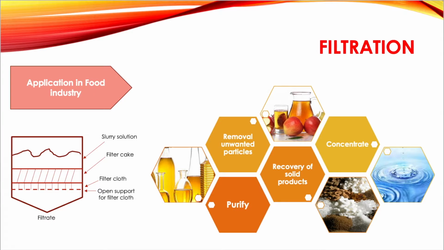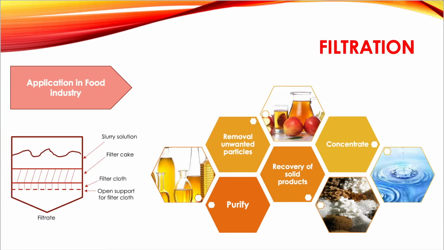So in the food industry, for example in juice production, if you want to concentrate it, we have a slurry solution, and then we will have the media of the filter, and after a while it will build what we call cake, which is the solid or any particles that are filtered or phase separated from the liquid, or the filtrate.